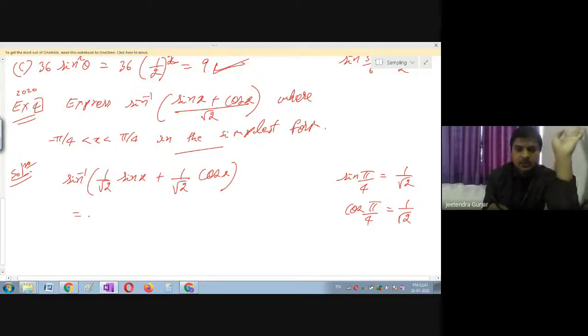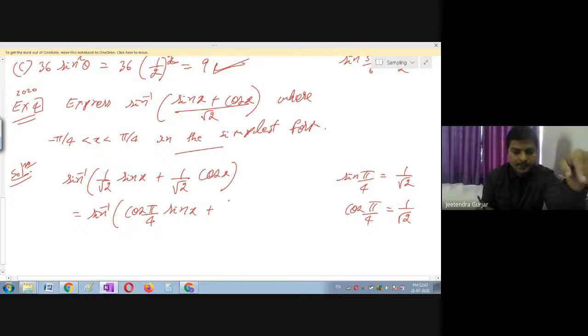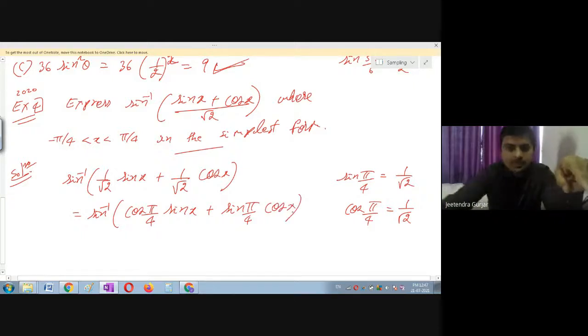This is how you have to use the trick. So sine inverse, I will take 1 upon root 2 as cos pi by 4, sin x plus, here again we have 1 upon root 2, here I will write purposely sin pi by 4 and cos x. You should remember this very easily.